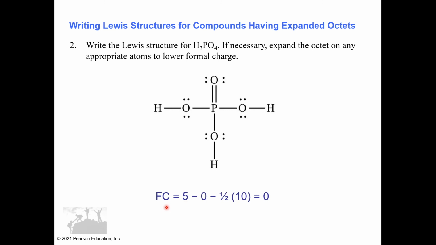We've seen the work for it. So now here's the work for phosphorus. It's got 5 valence electrons, no non-bonding electrons, so that's why our value here is 0, and 10 bonding electrons. So when you do the math, the formal charge for phosphorus is 0.